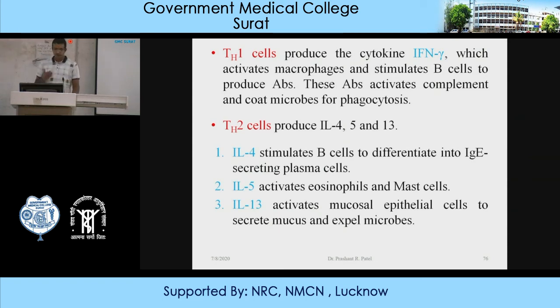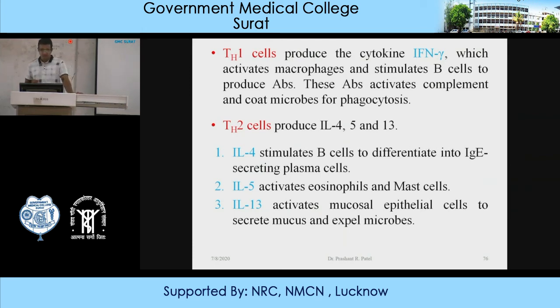Type 2 helper cells produce interleukin 4, 5 and 13. Interleukin 4 stimulates the B cells to differentiate into IgE secreting plasma cells. Normally the plasma cell secretes IgM or IgG antibody, but interleukin 4 stimulates B cells to differentiate into cells which secrete IgE antibody.